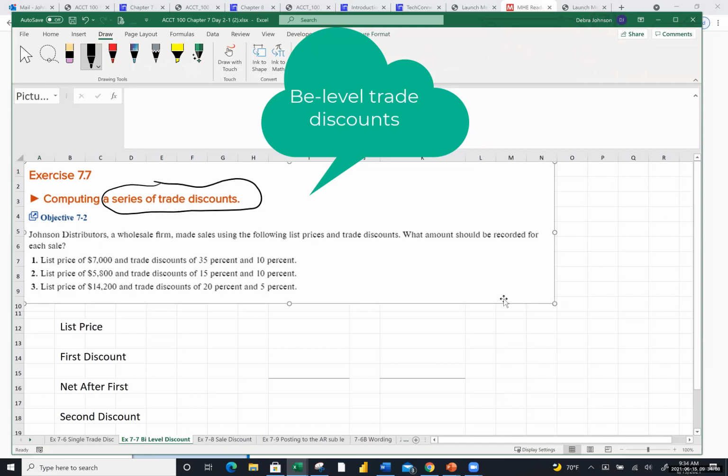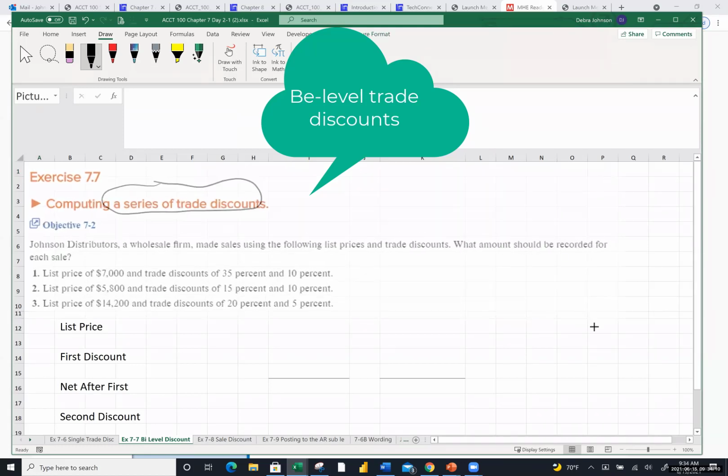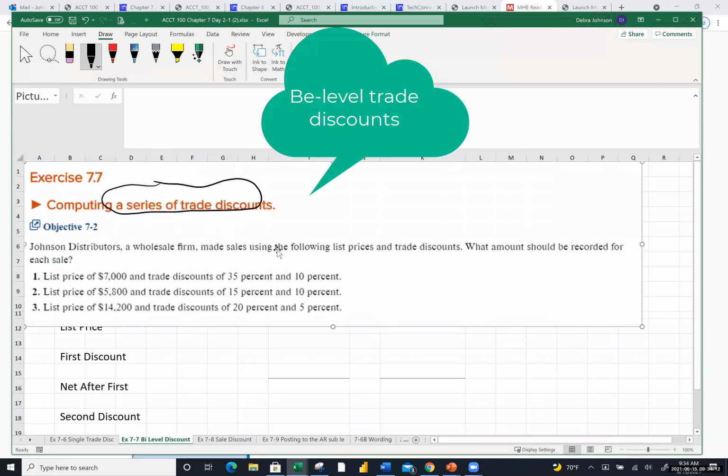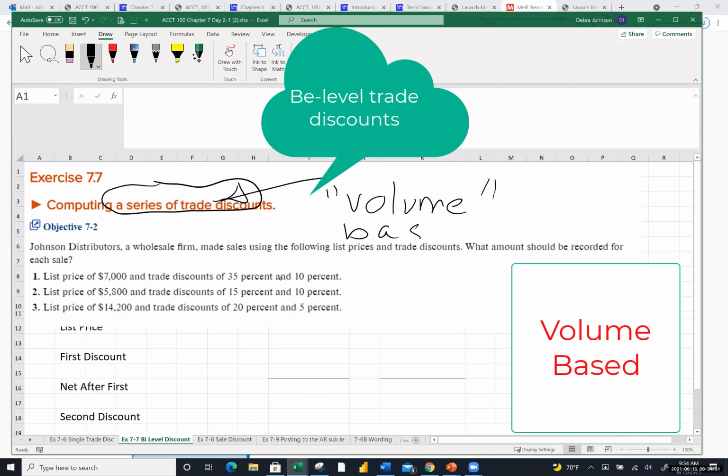And this goes back to the example that I was talking about earlier, where they don't create now 3 levels of catalogs. Instead, they give different users different percents off, what the book will call a trade discount. So first thing I want to get into your notes, these are volume based.